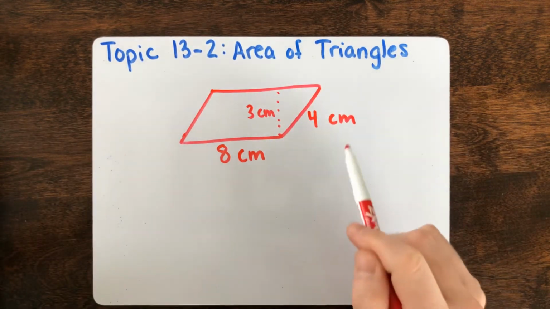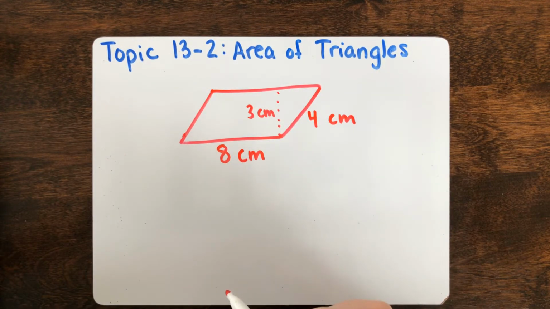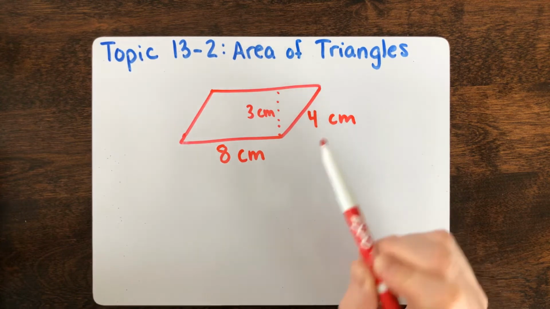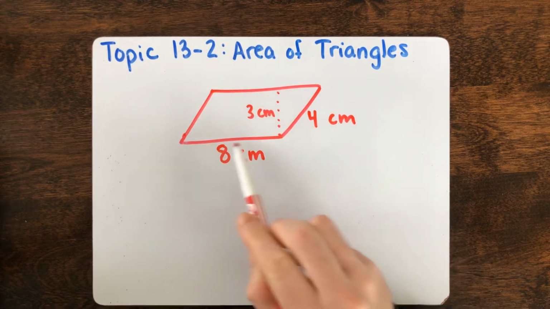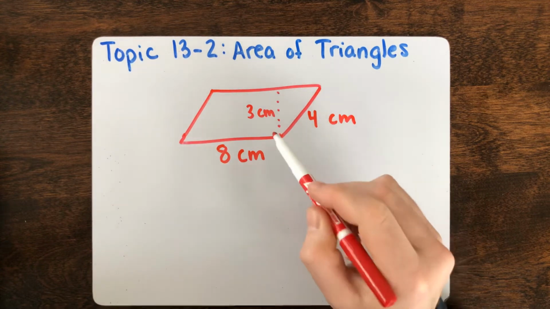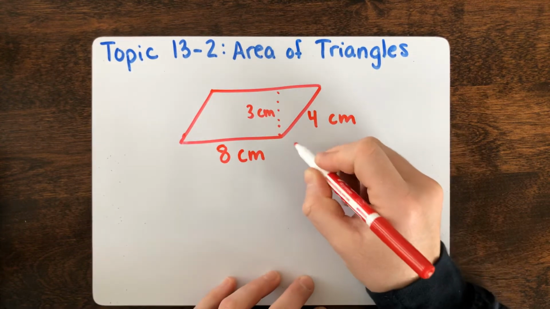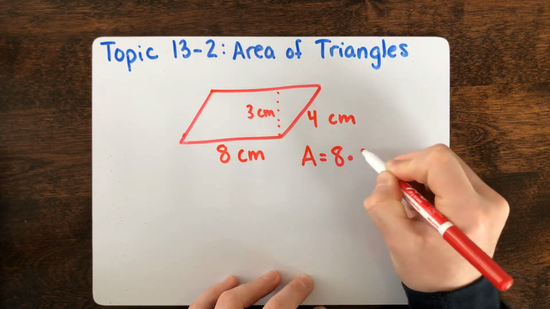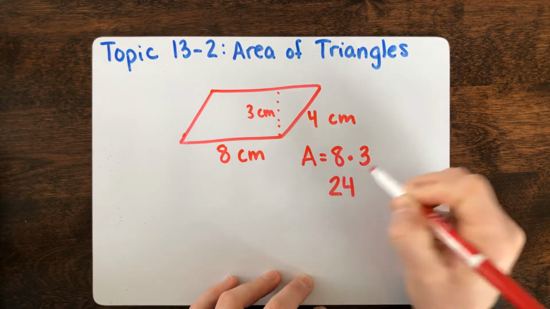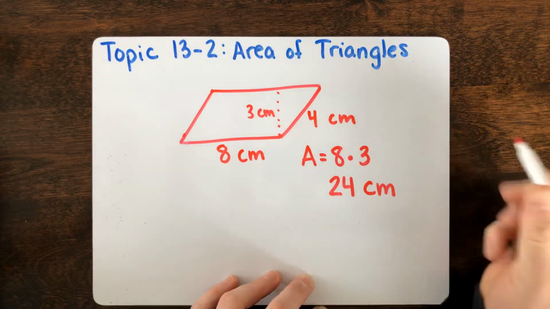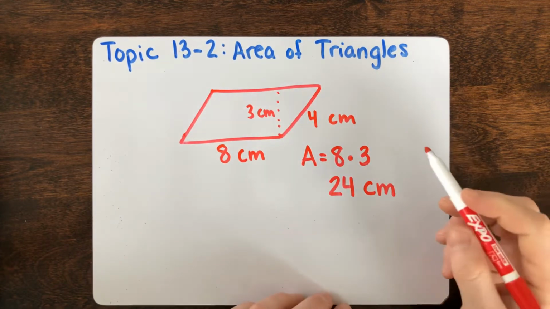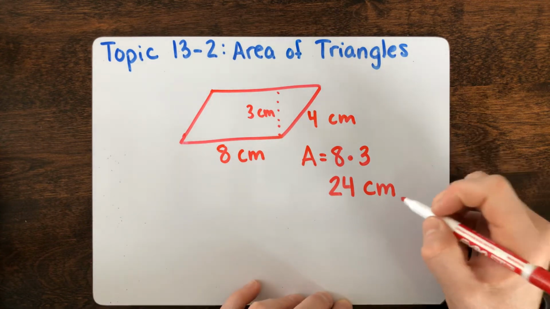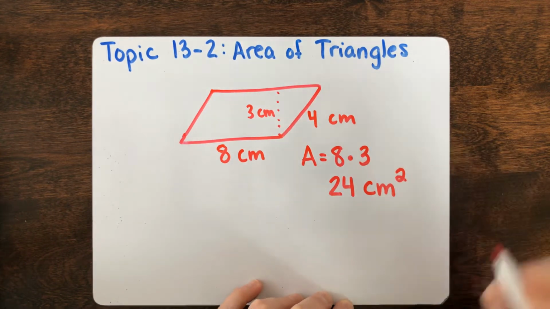Which dimension are we not going to use? So we're not going to use that diagonal. We don't need that diagonal. All we need to find the area of this is the base and the height. So the area of this parallelogram then is 8 times 3, which would be 24 centimeters. And remember, since we're finding area, you're either saying square centimeters or centimeters squared.